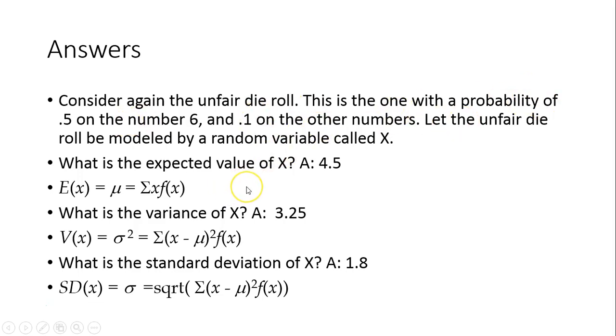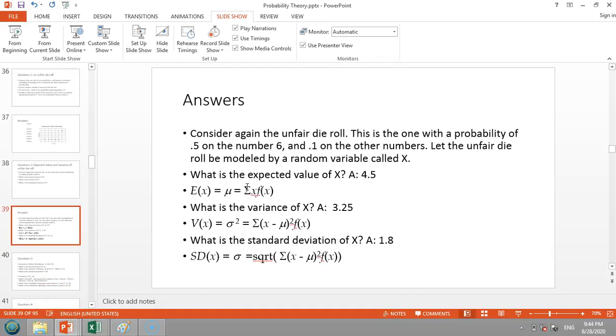Again, what is the expected value and variance? Well, here I already computed it, so it's 4.5 expected value, and my variance is 3.25. This is how spread out the distribution is.